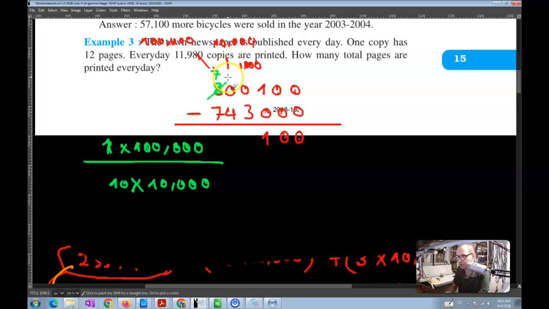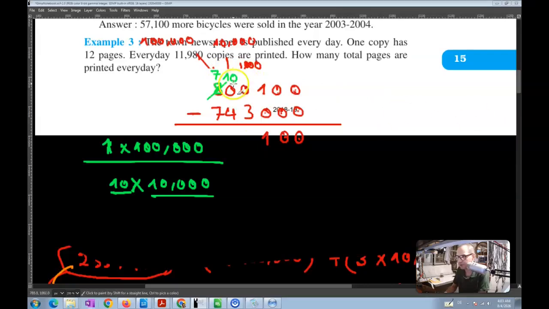So I will put a 10 over here, which means that now I have 7 groups of 100,000s and 10 groups of 10,000s, right? But still my problem is not solved because I still need to bring something over here.